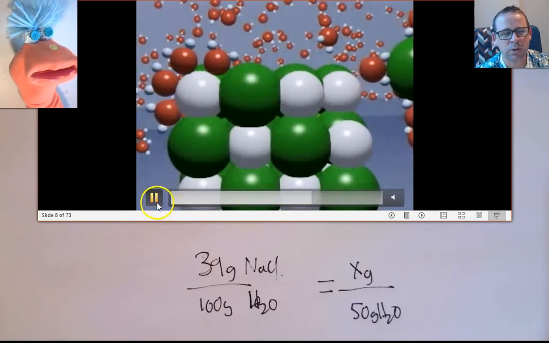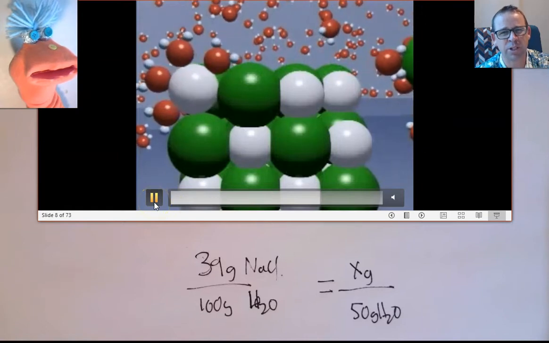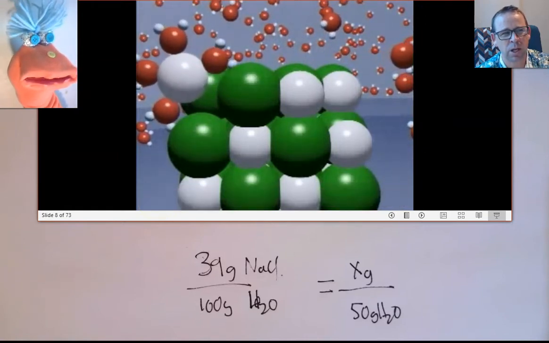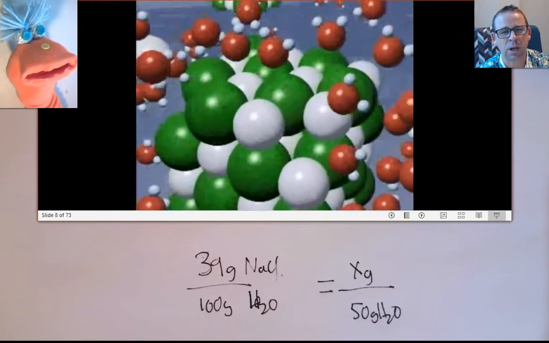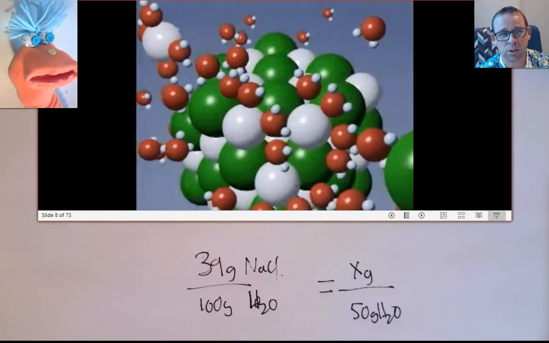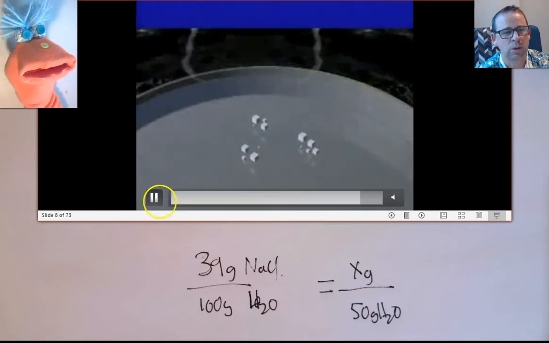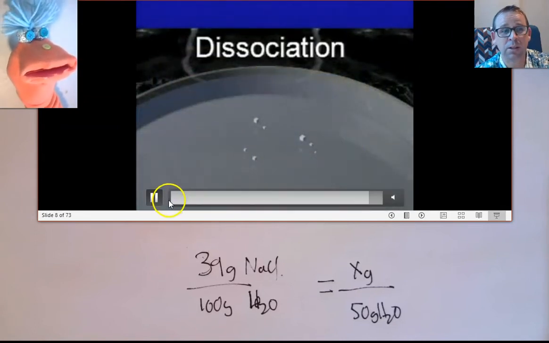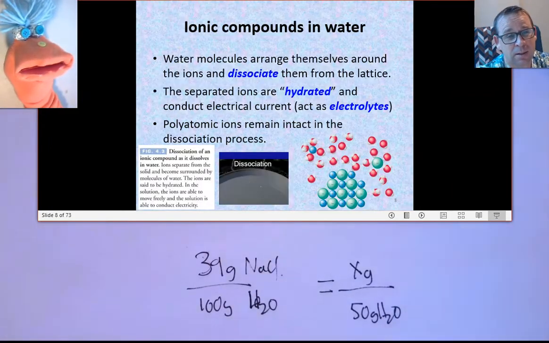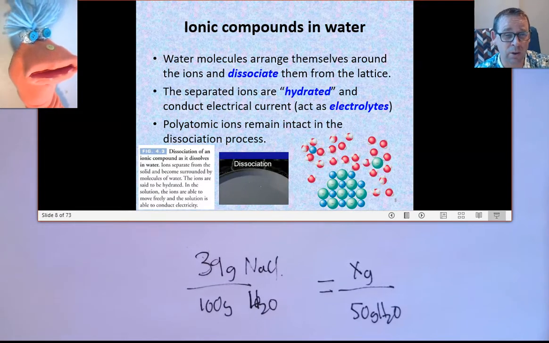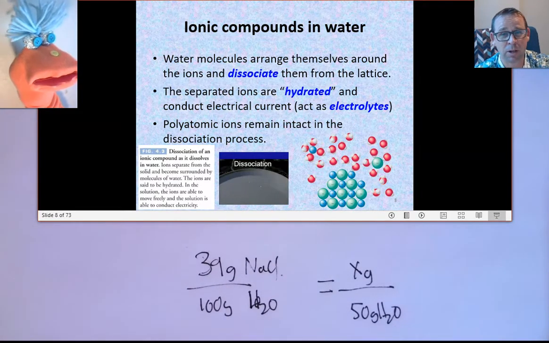And there's a term for this separation that occurs when you put an ionic compound into solution. And this term is dissociation. So salt dissolves, but a more effective term is dissociation, to tell people that all of the ions are now separated from all the other ions and they're surrounded by water molecules.